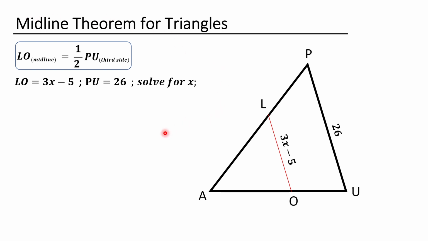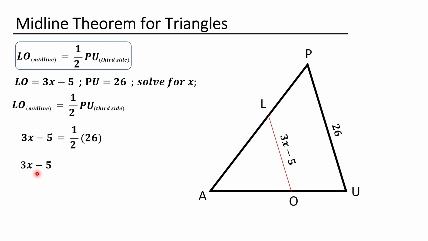So, we write: LO is equal to 3x minus 5, then equal to 1/2 of PU. What is our PU? 26. So, that is 1/2 of 26. So, you divide. So, 3x minus 5 is equal to 26 divided by 2.